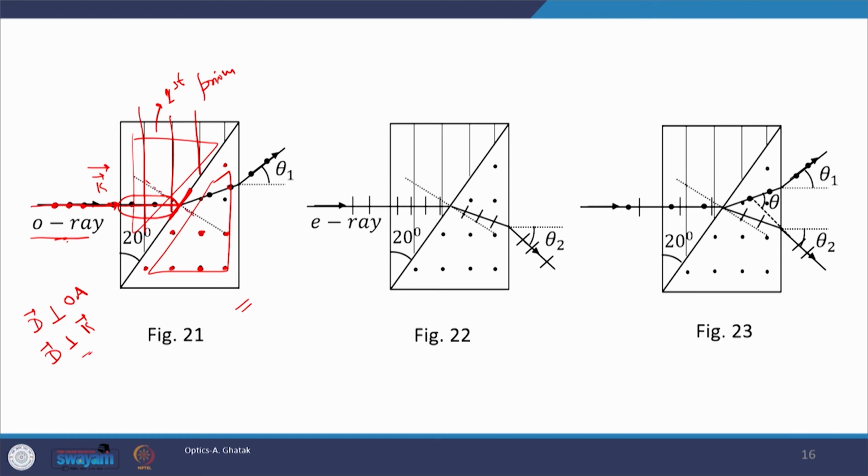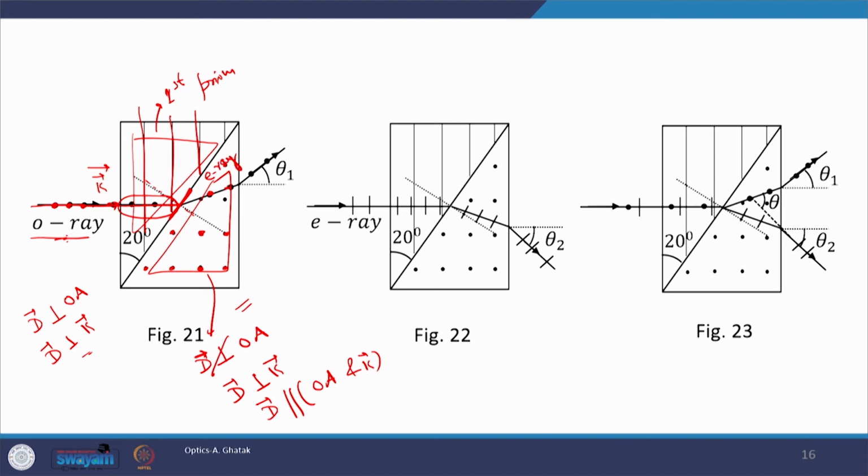Now, in the second prism, the vibration direction D is not perpendicular to OA, although D is perpendicular to K. Instead, D is in a plane which contains both OA and K. Therefore, the same ray in the second prism will behave as an E ray.